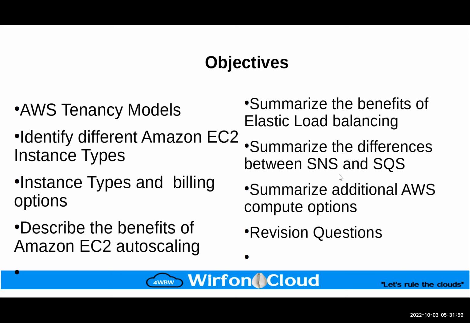SNS is Simple Notification Service and SQS is Simple Queue Service. Then we're also going to look at some additional AWS compute options, and if time permits, we should be able to go through some revision questions.